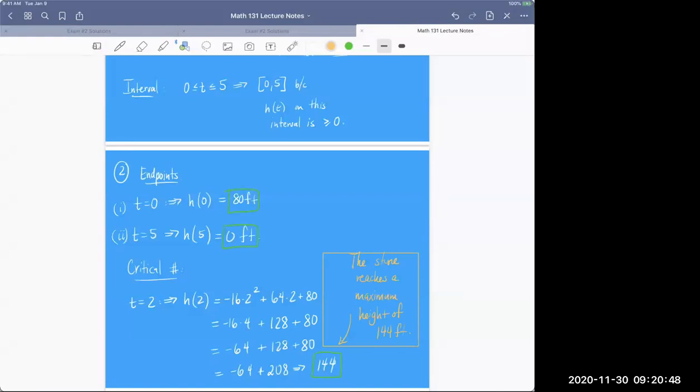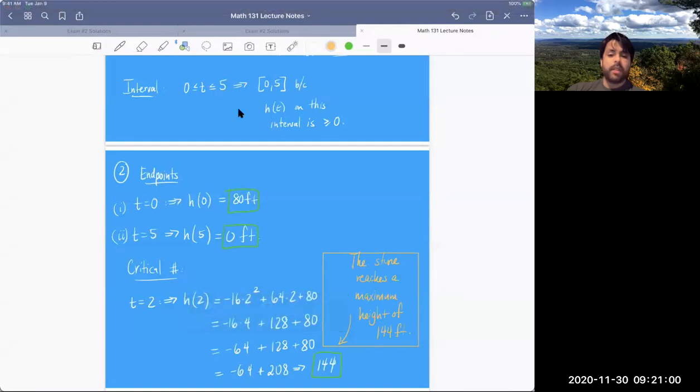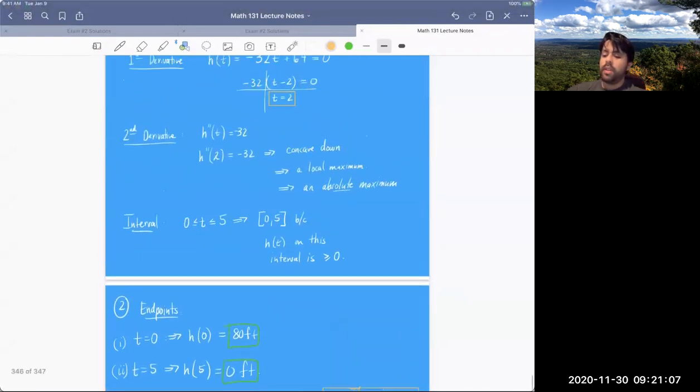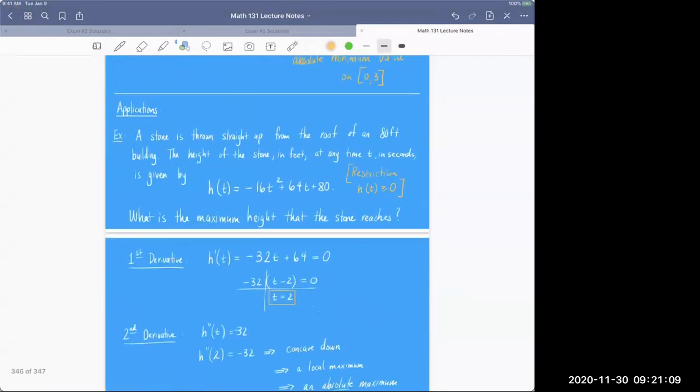So, Professor, we found t equals 5 only because you used the help of a graph to find out where the endpoints are. Really, how would we get t equals 5 without a graphing calculator? Without a graphing calculator, you would have to set the original function equal to 0 and then solve a quadratic, and that would eventually give us 5.